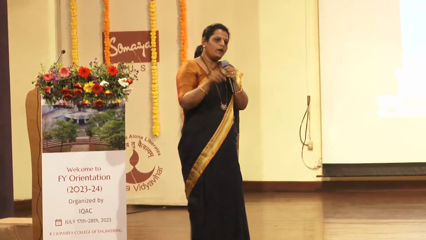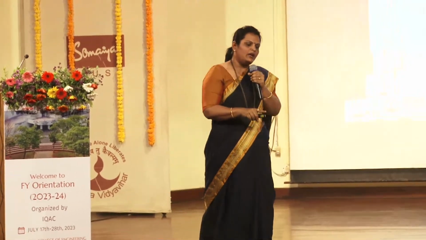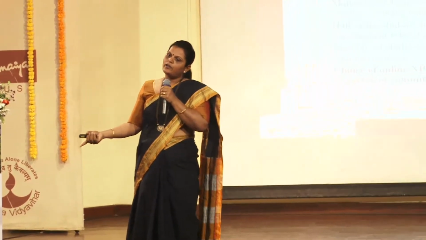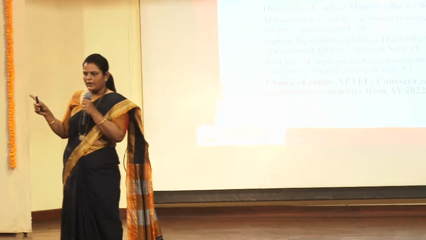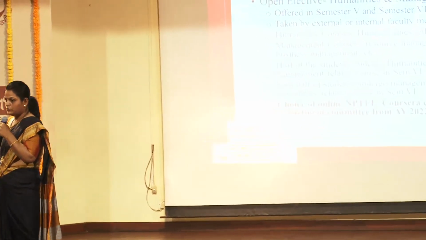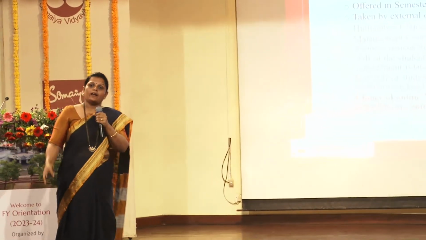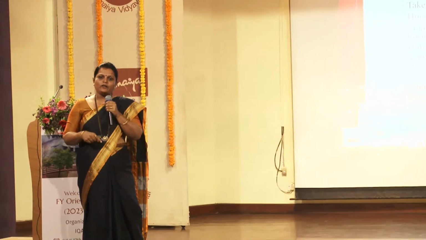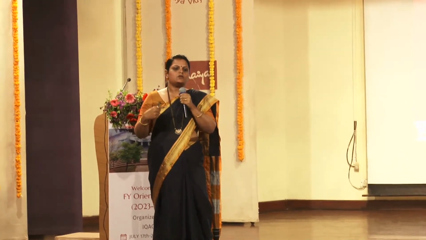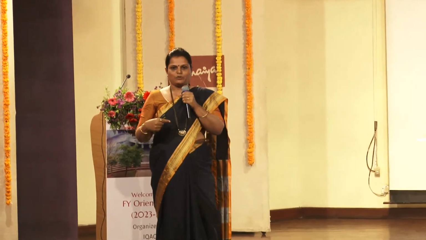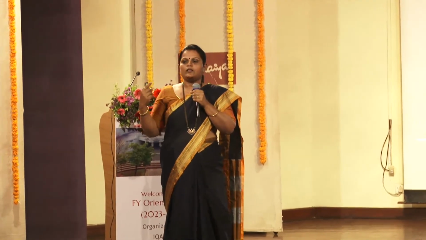If you are doing a humanities-related course in the fifth semester, in sixth semester you will opt for a management-related course, and vice versa. So every student will do one management and one humanities-related course in the third year. And again, the facility of the online course is also made available for this open elective humanities and management. You can choose the online course against what is offered by the college.